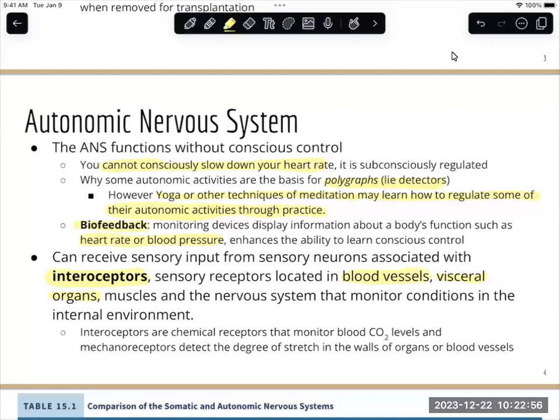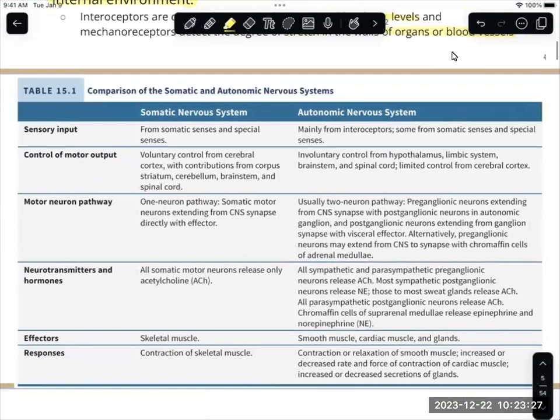We are monitoring the internal environment with internal receptors. So we're monitoring that carbon dioxide level in our blood. We're monitoring the degree of stretch to the different organs or blood vessels. These interoceptors are taking in this information and sending it into the brain. So if it needs to be altered, this information can be sent back out based off of this input.